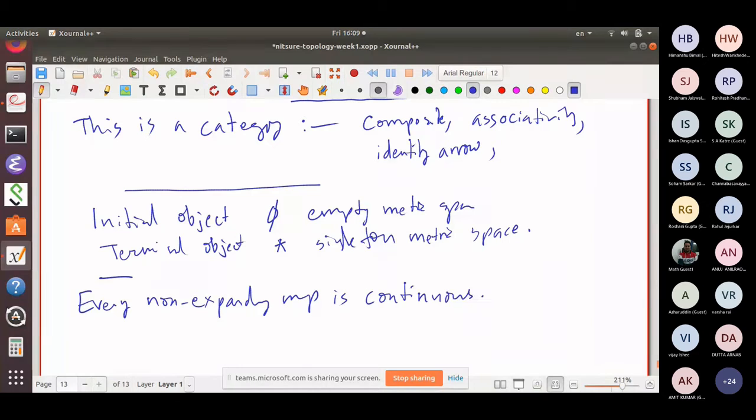To our friend who wanted to play with expanding maps, would they turn out to be continuous? No. You wanted to reverse the definition and say that, oh, I'll allow the distance to increase. Instead of non-expanding, you wanted non-contracting. So non-contracting maps won't be continuous, yes? Not necessarily continuous.